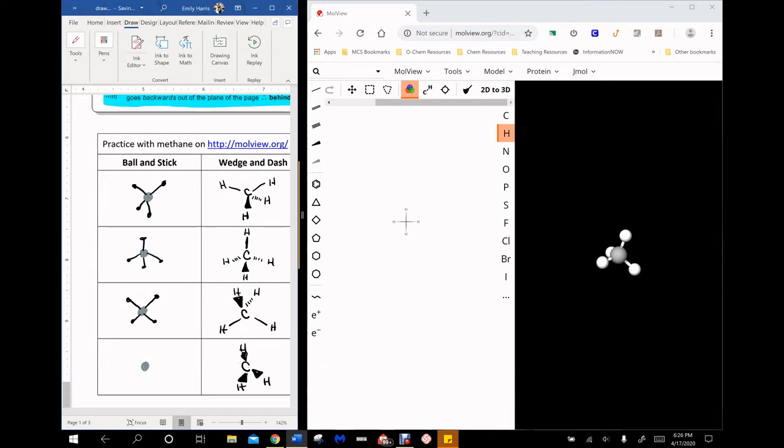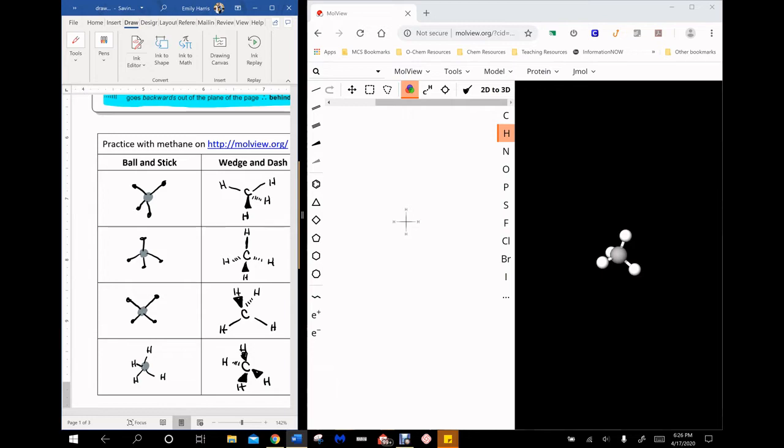And then we have that other atom sticking away from us in the back, and so it will get a dash. And so essentially we're just practicing getting used to wedges being drawn for atoms that are coming out of the page toward us, and dashes being drawn for atoms that are going into the page, or away from us. And that one going out. There we go. All right.